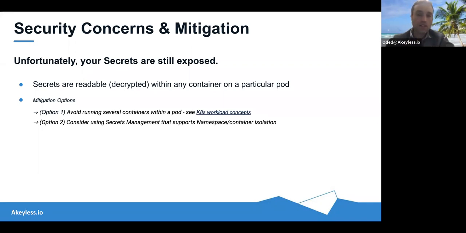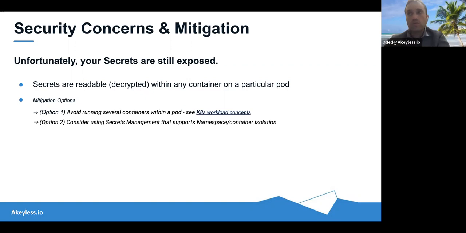So it's not just about encrypting the secrets themselves at rest or in transit. You also need to make sure that you know which of your pods will be able to access the secrets.